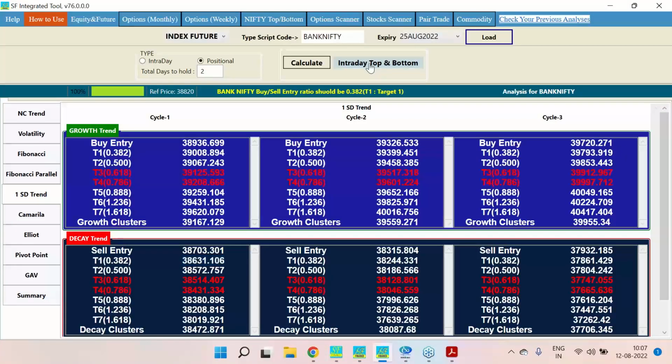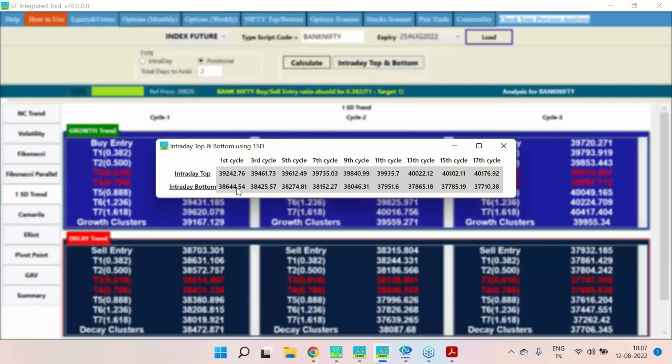If an intraday top or bottom is getting hit in the last half an hour of the trade, either 38,644 comes or 39,245 comes, what should we expect? Intraday top and bottom, if it is coming at the last hour, 3:25, 3:20 level, then the next day will be a gap up or a gap down day.